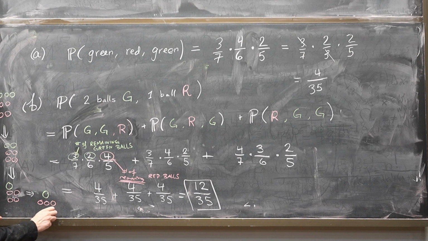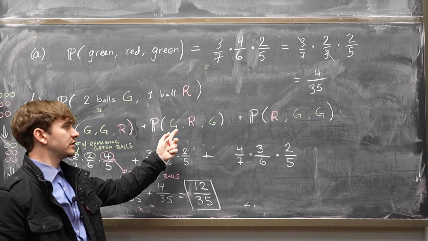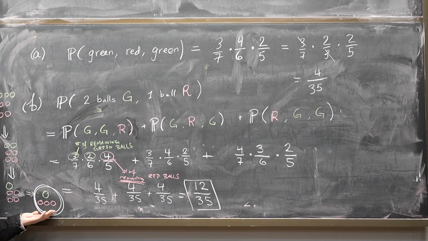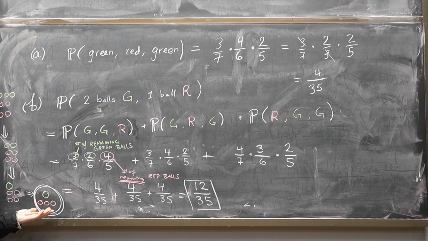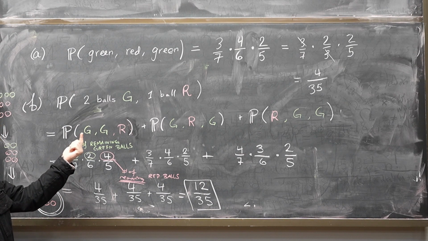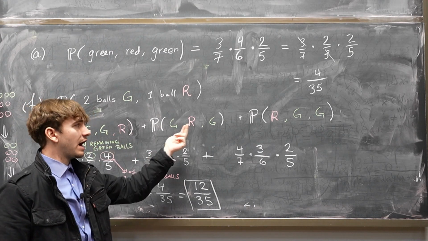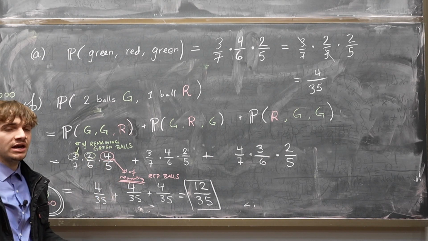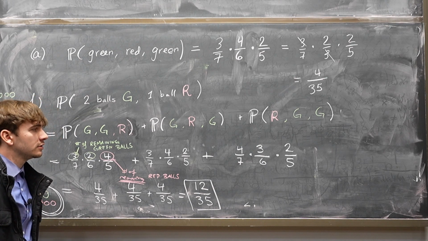So I'm always going to end up with this final configuration, regardless of the order of colors, whether I chose the green balls first and then the red ball or otherwise. I always end up with the same remaining configuration, or the same number of remaining balls. And so because of this, intuitively speaking, these probabilities are the same regardless of the order, because no matter how I order this, I still have the same numbers of remaining green balls and remaining red balls in the numerator. So that's one way to make sense of it.